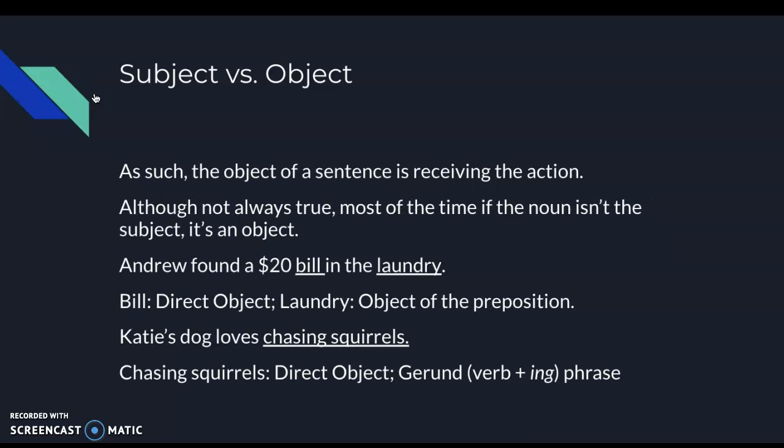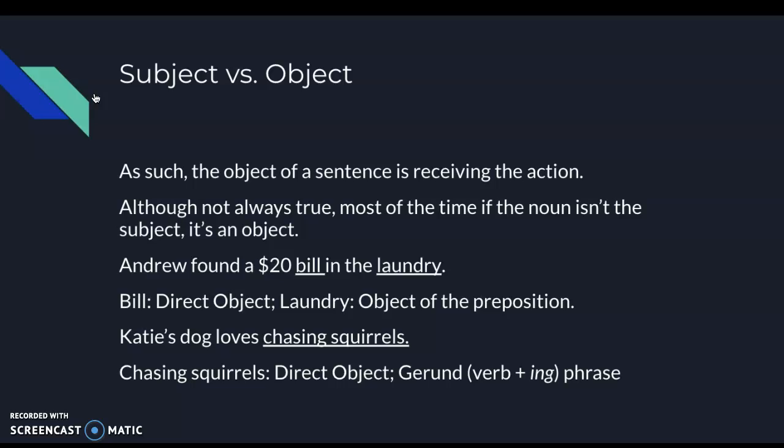So, as such, the object of the sentence is the thing that is receiving the action. So unless it is doing the action, it is most likely the object. And although it's not always true, most of the time, if the noun isn't the subject, it's an object. For example, Andrew found a $20 bill in the laundry.